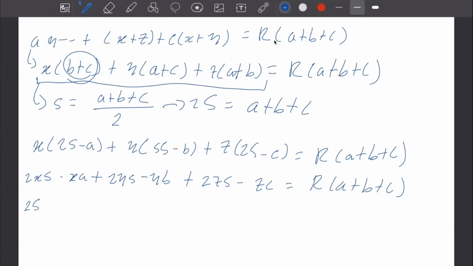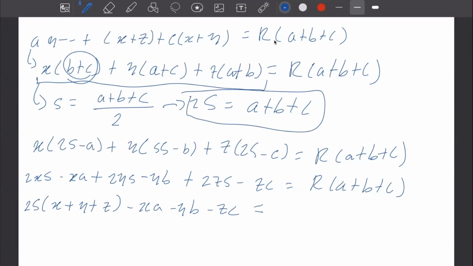We do this by grouping these ones, x plus y plus z minus xa minus yb minus zc. And we also know this equation from before, so we're going to substitute this one with 2s. Then r will become 2sr.